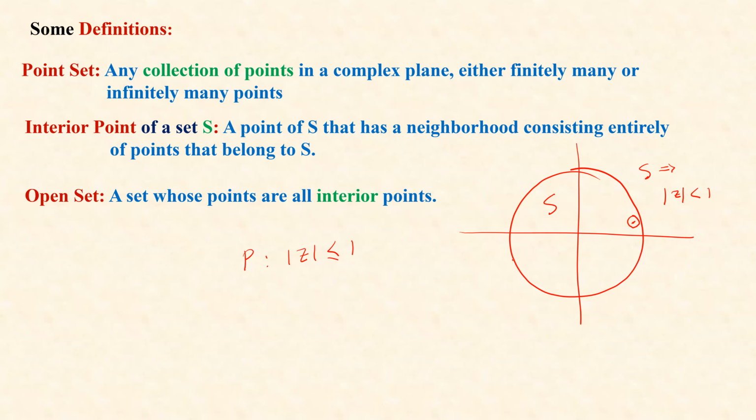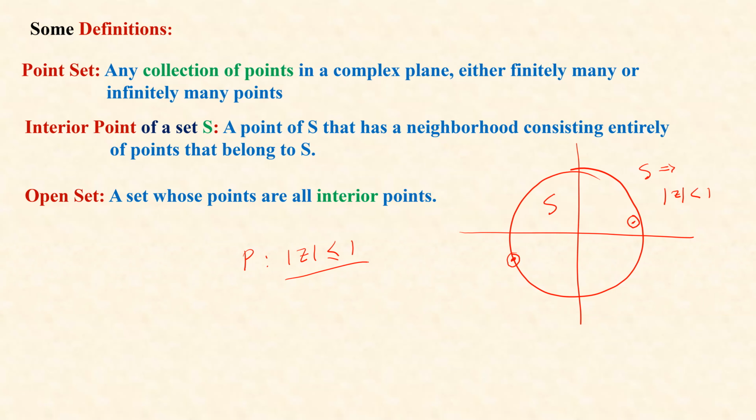There is a point in the set that is on the circle, but doesn't have any neighborhood whose points are all inside the set. Any neighborhood that you take has some points in it that are outside this P. So if it includes the circle, it is not an open set. It is a closed set.